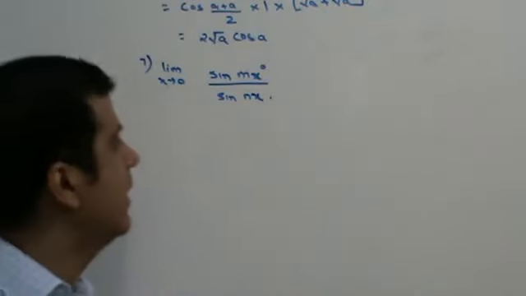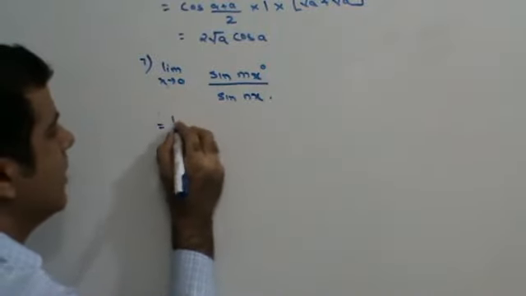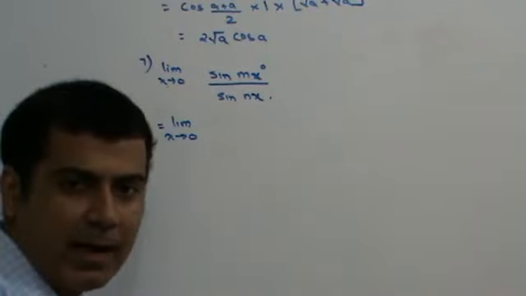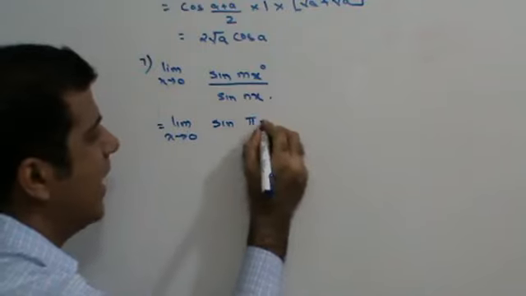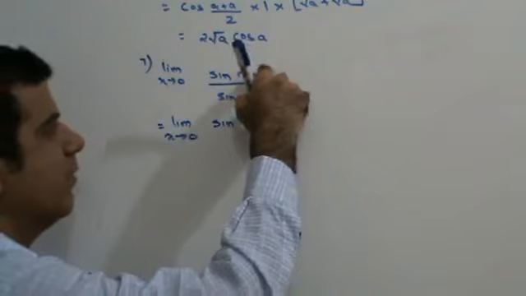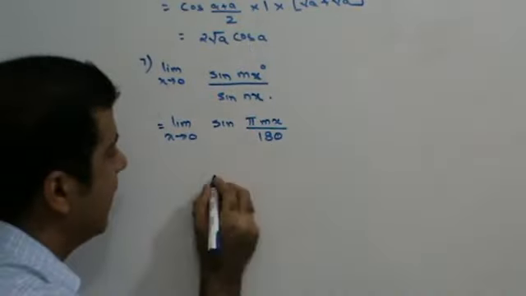The angle cannot be in degrees. Since here the angle is in degrees, you have to convert this into radians. How do I convert this into radians? By multiplying by pi and dividing by 180. So this is going to be sin pi mx by 180. What have I done here, people? I have converted from degrees to radians.